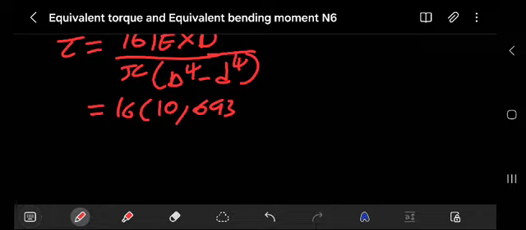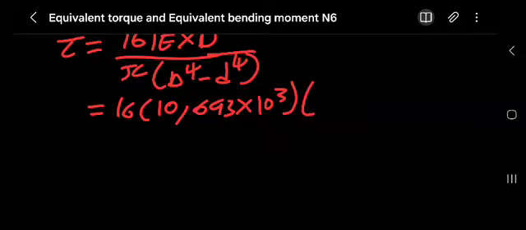Obviously it's in kilonewtons, in kilonewton meter, so times 10 to the power of 3 like this.